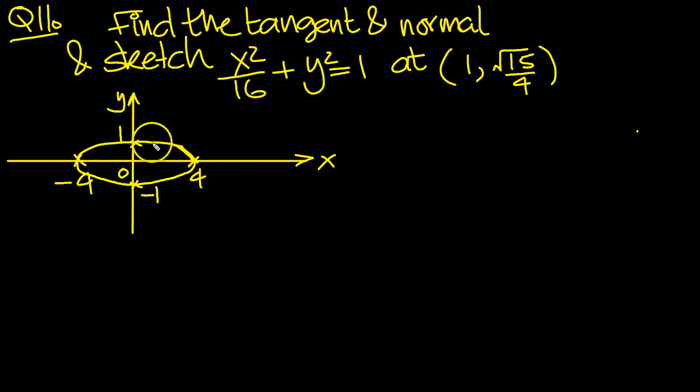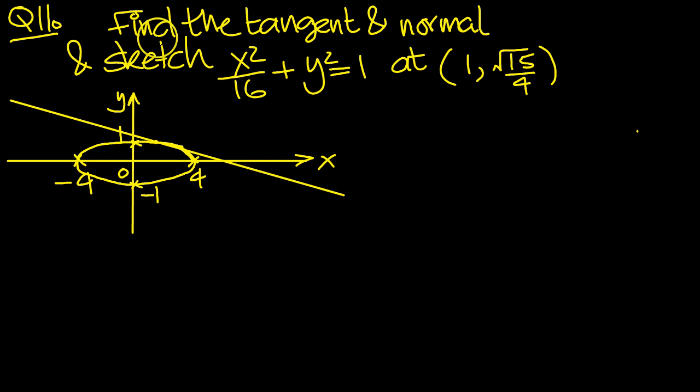And we need the point (1, root 15 over 4). So x is 1, and up root 15 over 4. Here's our point here. So we need to draw a tangent here. It'll probably be fairly shallow. I'll try and draw it here if I can, like so.